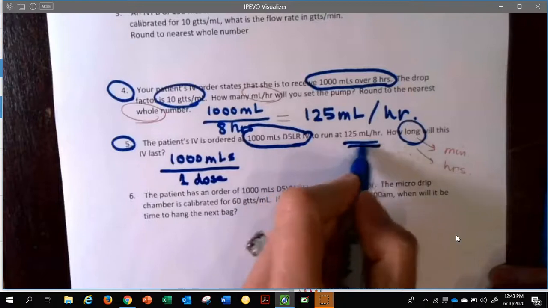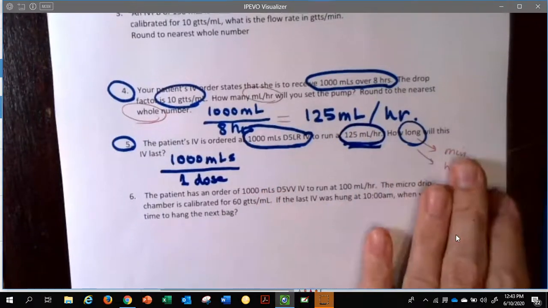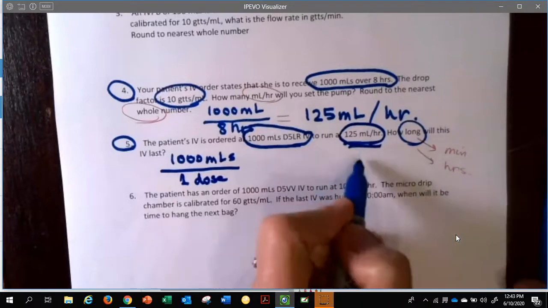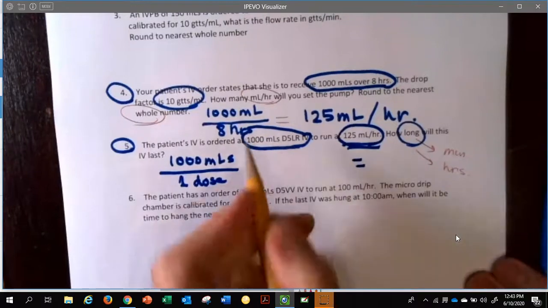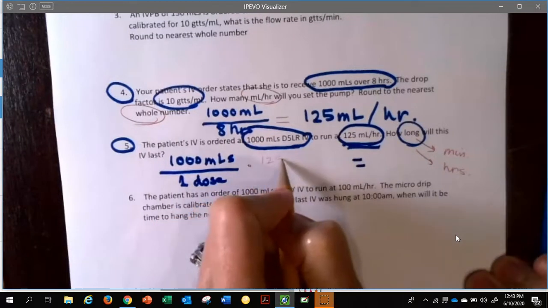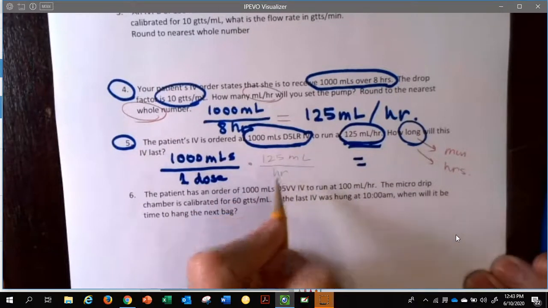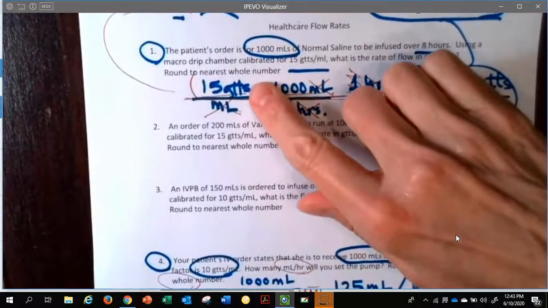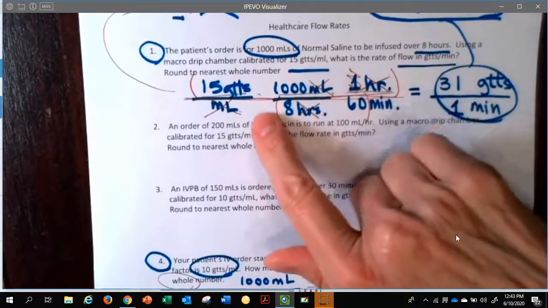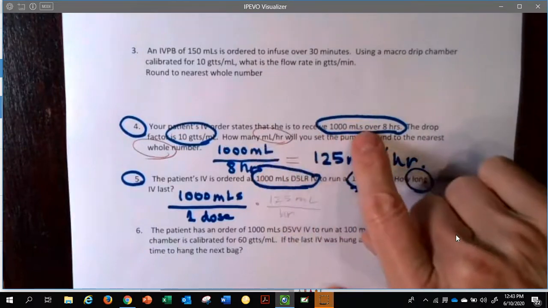And then I have this 125 milliliters per hour, and I need to end up with something where I equal a how long. So I'm going to use pencil, because what we did a while ago is we put this 125 milliliters per hour up here. We had 1,000 milliliters per hour. We had this as it was, GTTS per milliliter. We had this as it is, 1,000 for every 8 hours.